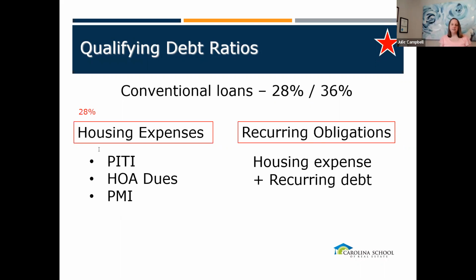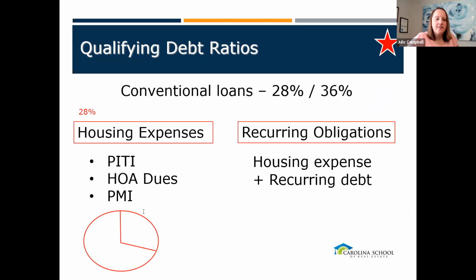We said PMI is going to be on conventional loans when the loan to value ratio is 80% or more. So if your buyer's going for a conventional loan, 80% or more, the lender needs to take in private mortgage insurance. And what this 28% says in regards to housing expenses, let's look at a pie. And let's pretend that this whole pie represents the borrower's monthly income.